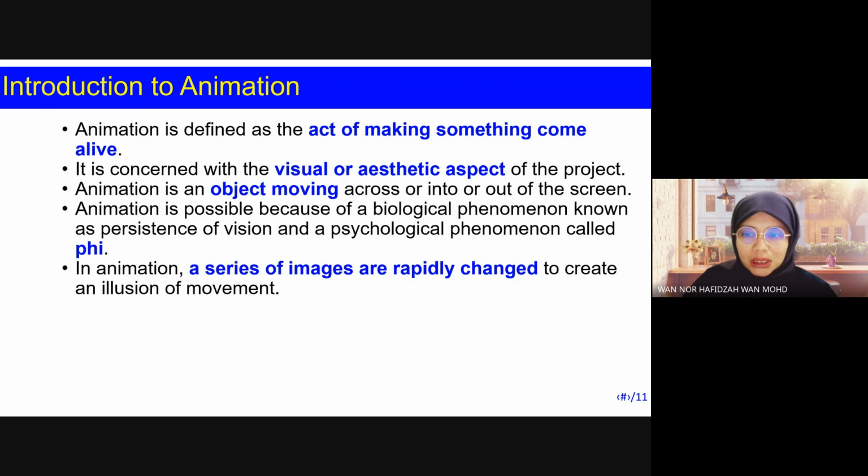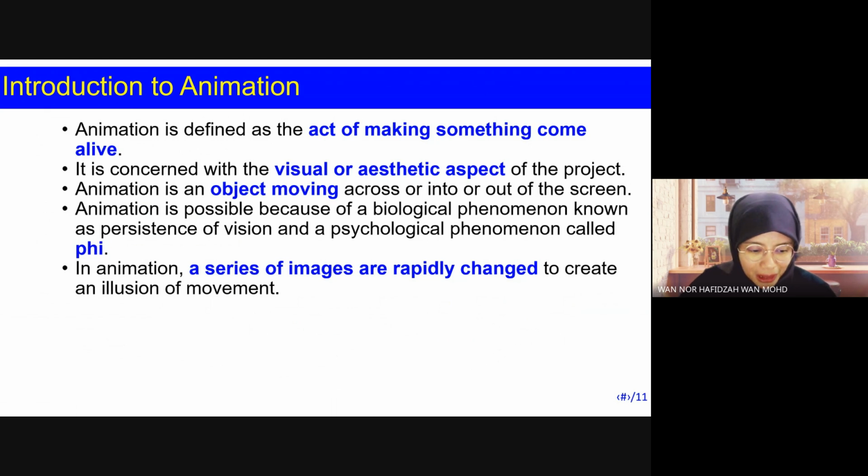This is a psychological effect where our brain fills in the gap between still images and makes them look like smooth motion. Finally, animation is made by showing a series of images very quickly, each one slightly different from the last one. This creates the illusion of movement, like how cartoons or flip books appear to move.